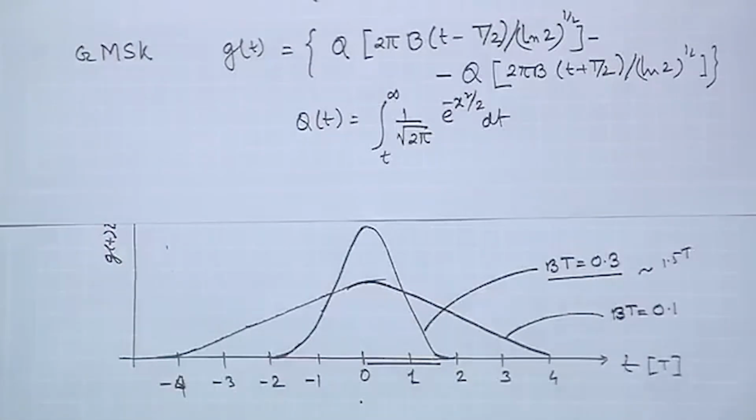Just for your information, this kind of pulse is very spectrally efficient and maintains a lot of phase continuity, and this is one pulse shape used in a very successful communication system, the GSM communication system, where the GMSK pulse shape is used for transmitting signals, because it restricts the signal from spreading a lot in bandwidth.